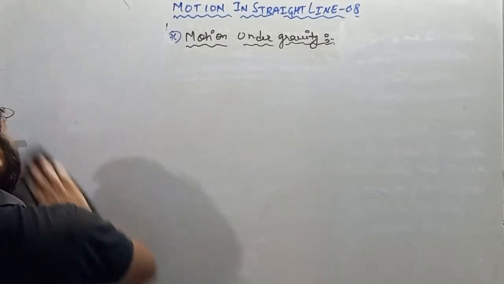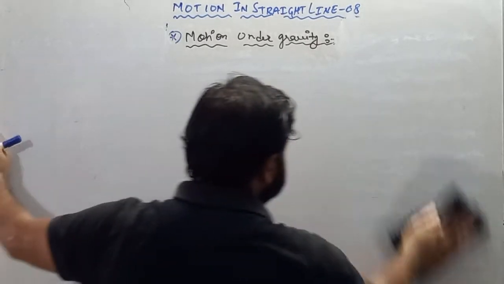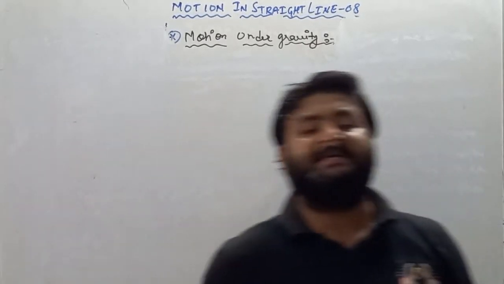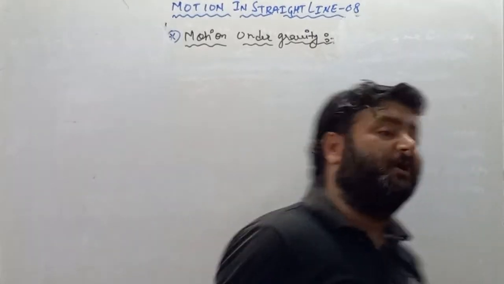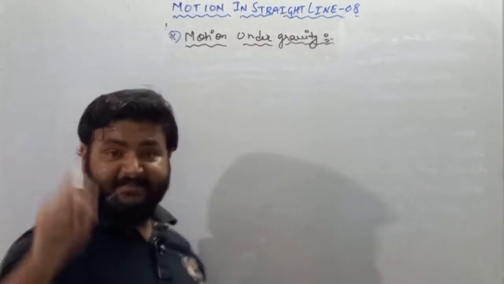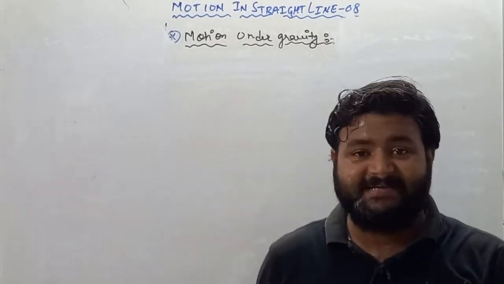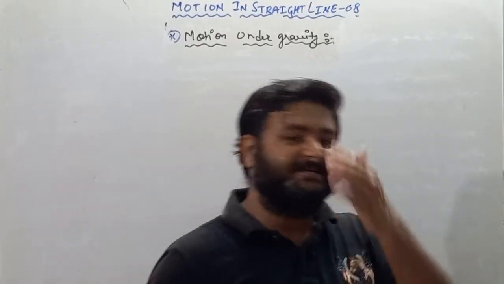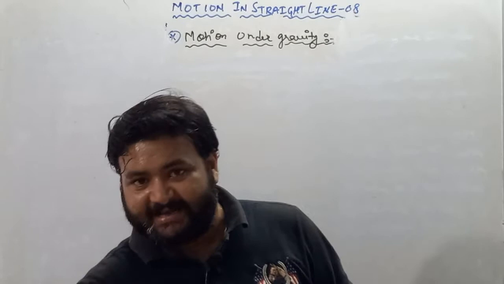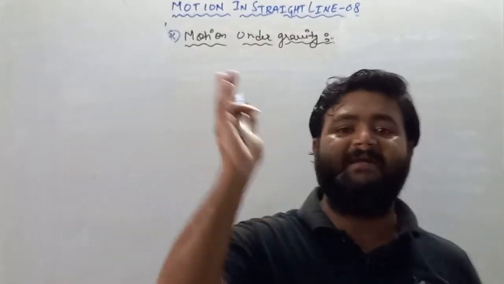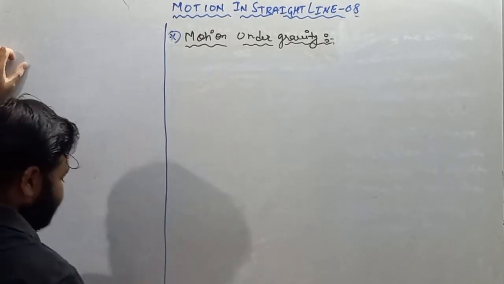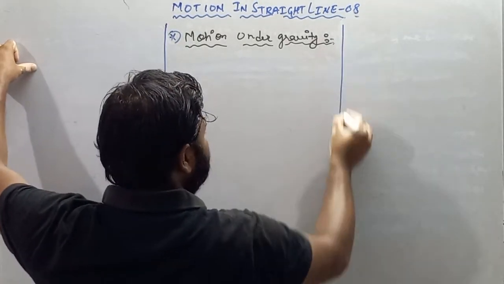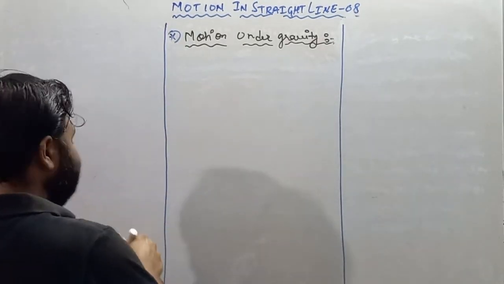So remember, it is very important to understand that if a particle is performing motion along the y-axis, which is also called motion under gravity, then the only acceleration acting on the particle is acceleration due to gravity, and its direction is always vertically downward.